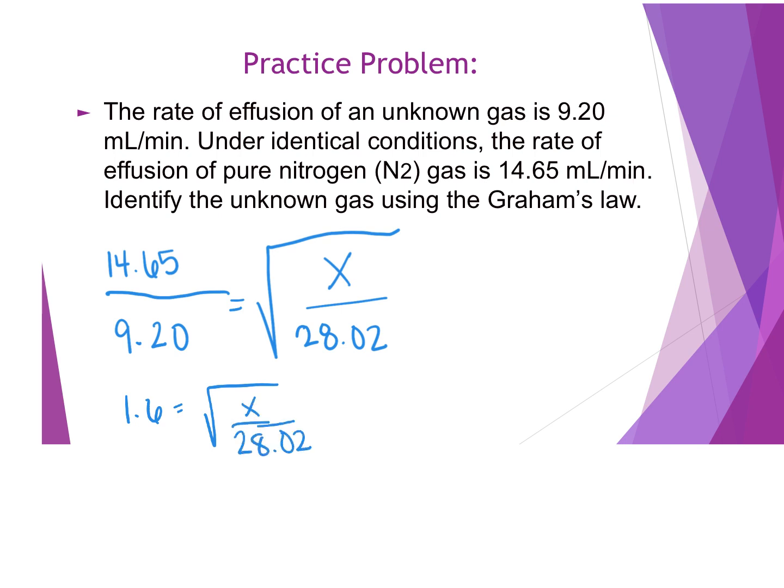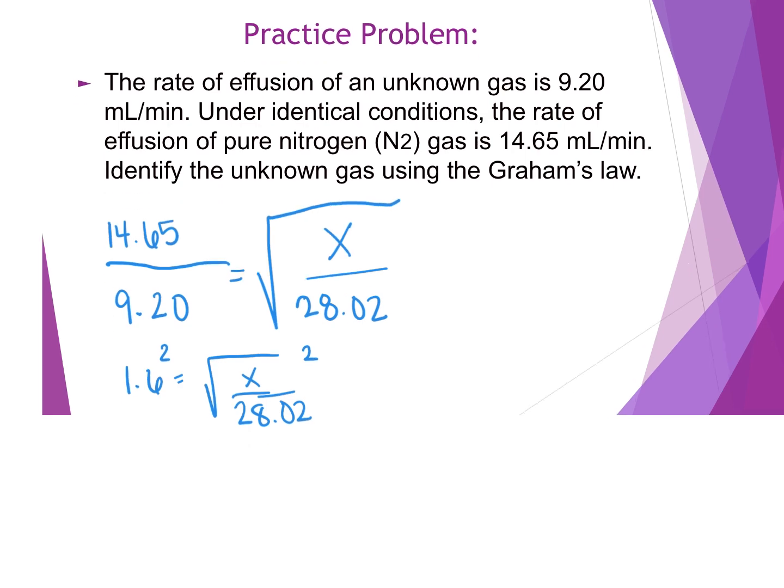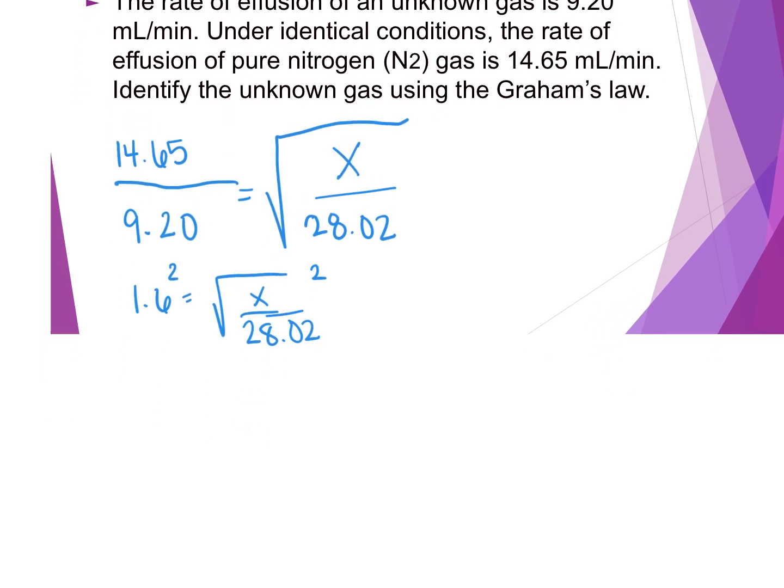How can we get rid of the square root symbol? Let's square both sides. What's 1.6 squared? What do you get? So 2.56 equals x over 28.02.